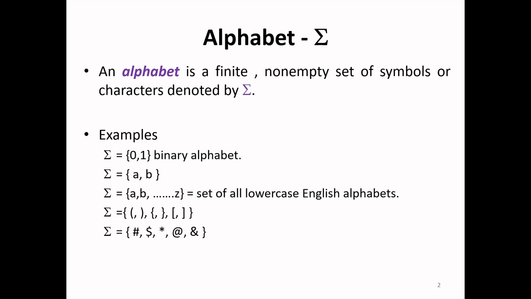This alphabet consists of all different types of opening and closing parentheses. The last alphabet consists of some special characters like hash, dollar, star, at, ampersand, etc.